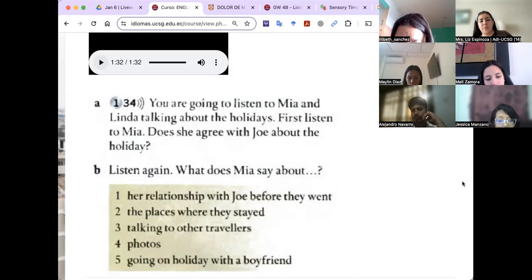Yes, that's true. Thank you. I think she mentioned the expression that she hates being in the photos, something like that. She said that she only wanted to enjoy the sights, and that's it.